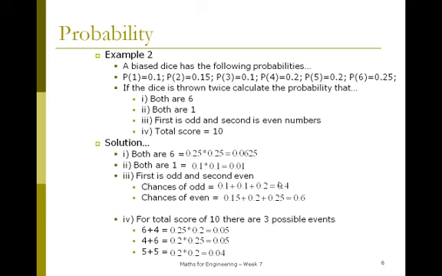Therefore, to get the total probability that the score will be 10, we add these three possibilities together, which gives us 0.05 plus 0.05 plus 0.04, which gives us a total probability of 0.14.